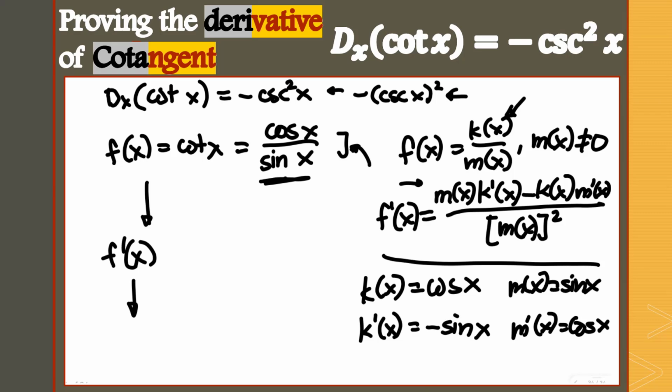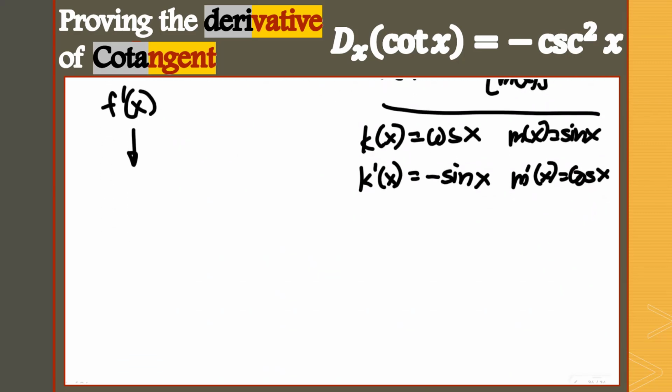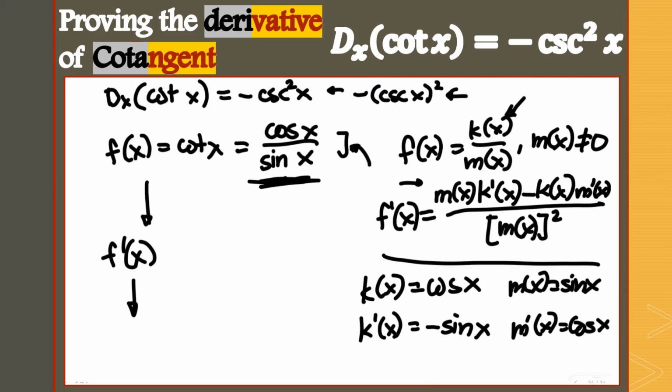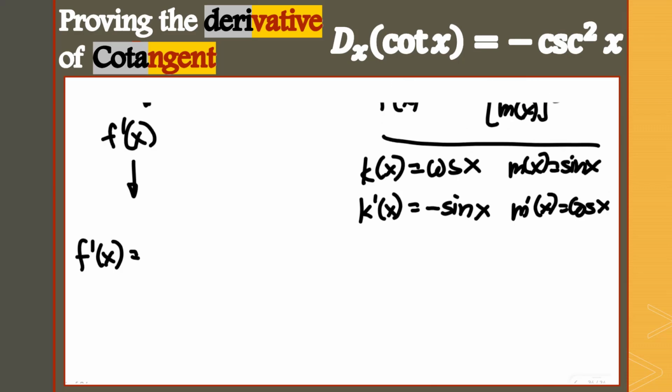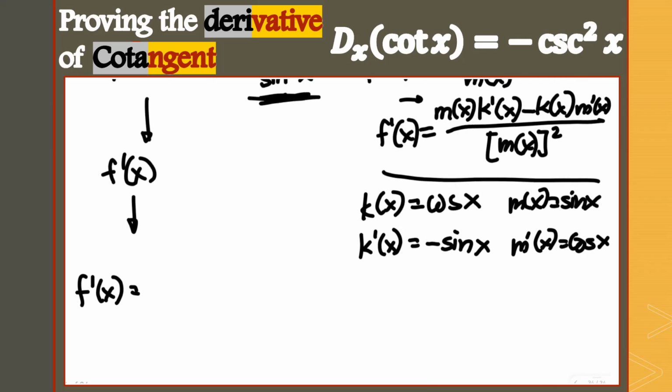Again, we can use cosine and sine. So we can have f prime of x. We will be using the denominator, in this case m, which is sine x, times the first derivative of your numerator, negative sine x.